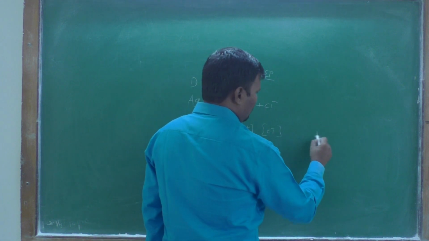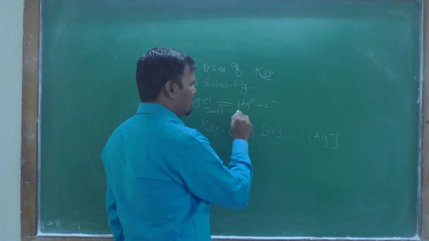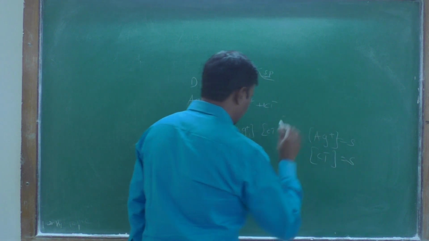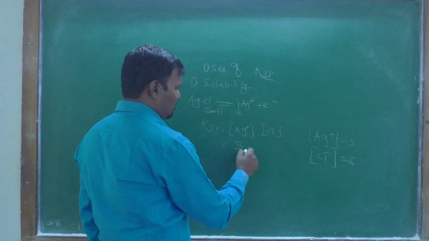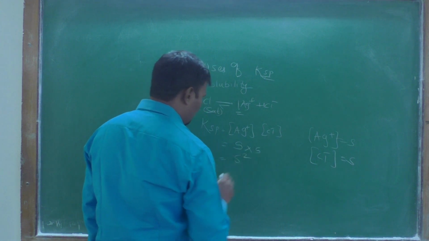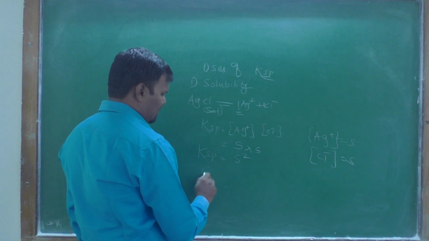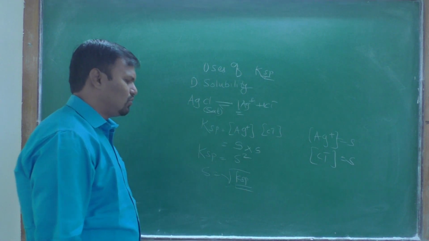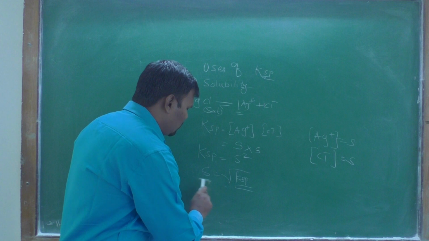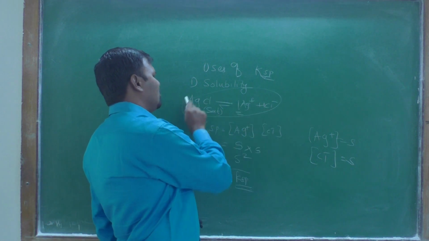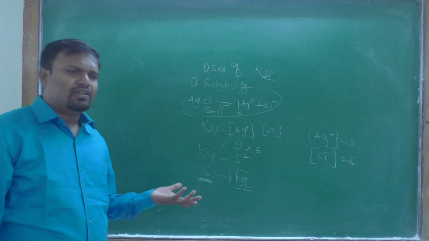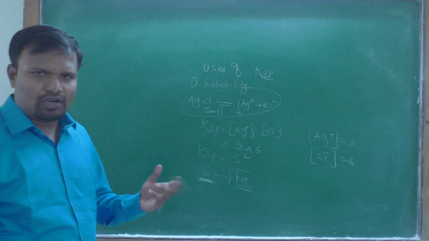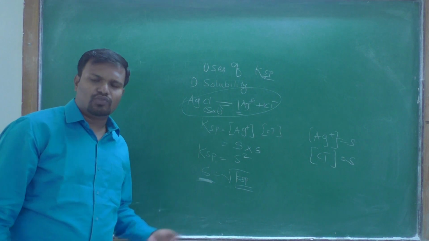The solubility of Ag plus is s, and the solubility of Cl minus is also s. Therefore s square equals KSP, and the solubility is the square root of KSP. So by knowing the value of the solubility product, we can find out the solubility of this AgCl salt. Therefore the first use of KSP is to find out the solubility of any sparingly soluble or less soluble salt.